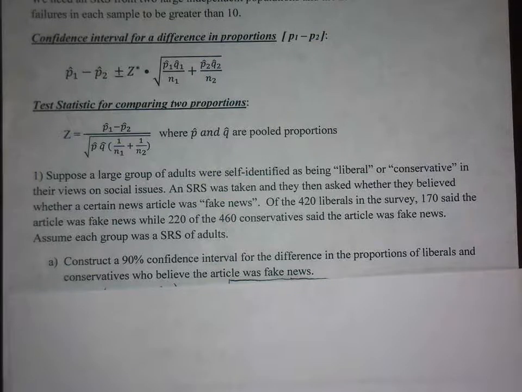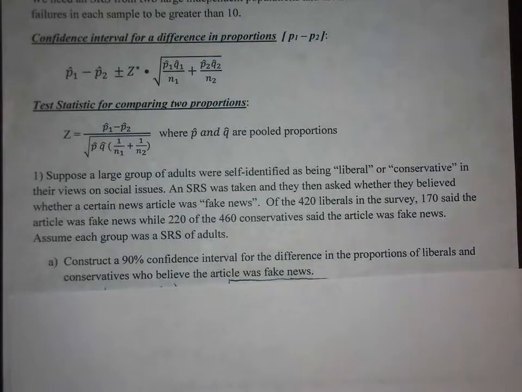Assume each group was a simple random sample of adults. Now these are independent of each other because you're either liberal or conservative. You're not both. Just watch Fox News or CNN and you'll see you can't be both. You're one or the other.